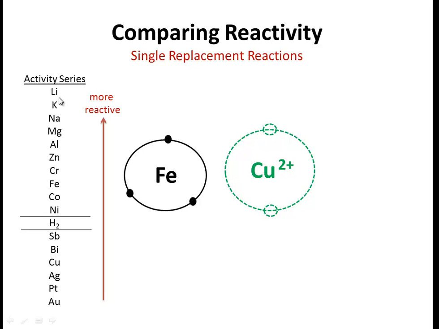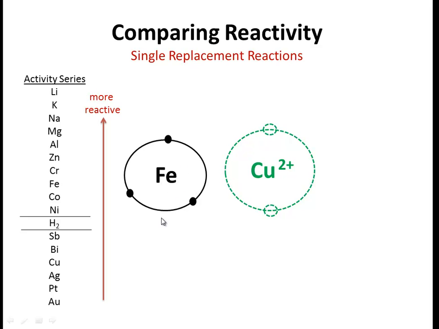It's very willing to give up its electrons, followed by potassium, and then sodium, magnesium, and so on. At the other end of the spectrum, we have gold and platinum and silver, and these are very reluctant to give up electrons. They're not very reactive.